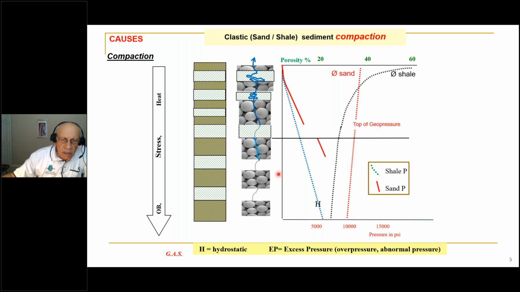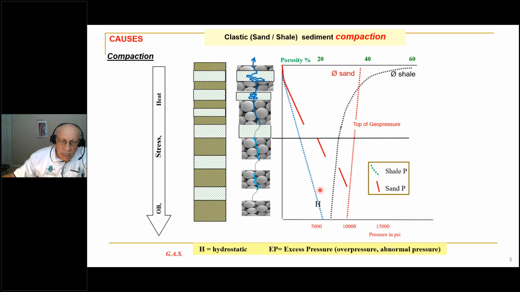You go down here, the fluid within the sand is fast. It has permeability, has pressure differential. In the shale it is not. You can see the difference between the pressure in the sand here is linear, fast, in the shale exponential.